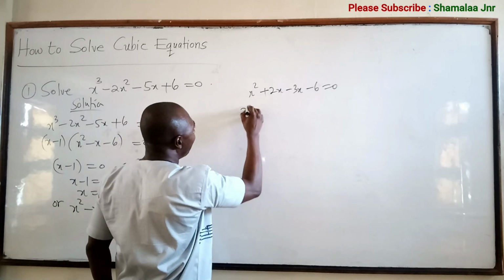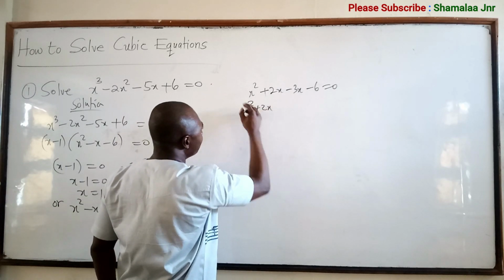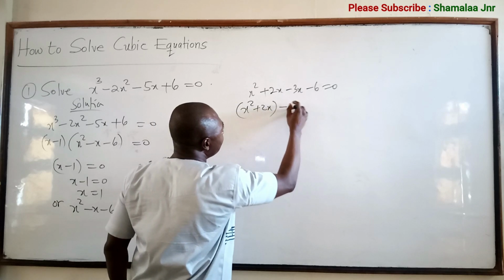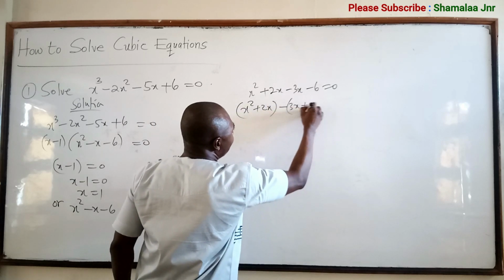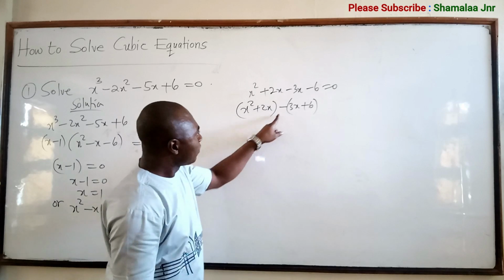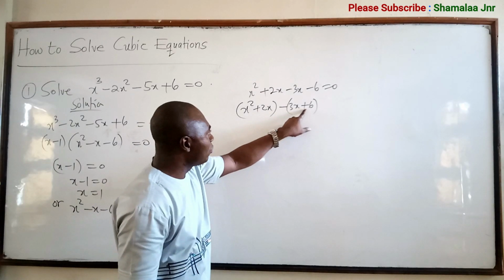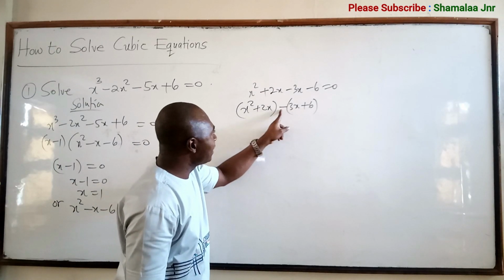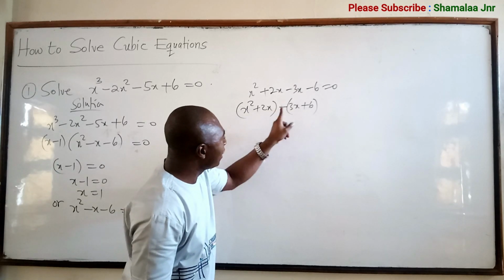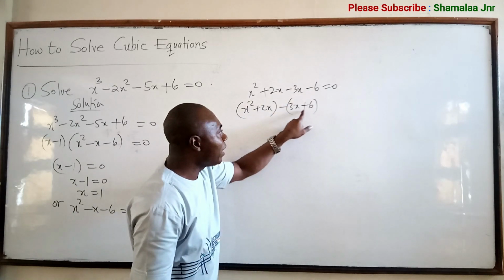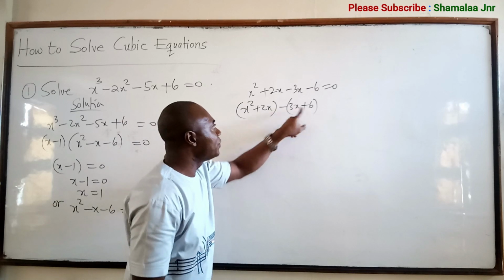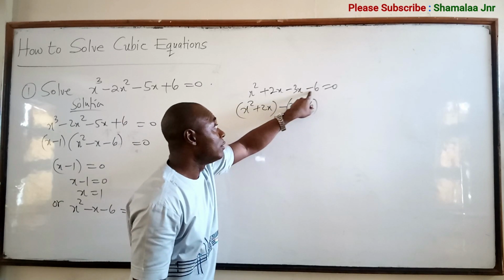Now, this is x squared plus 2x minus 3x plus 6. You guys look on the board. You see, I've made this one positive so that when you expand, it will be negative times positive, negative. If you make this one negative, it will be negative times negative, positive. But this one is not positive. Isn't it?